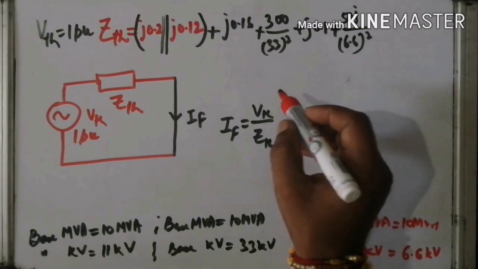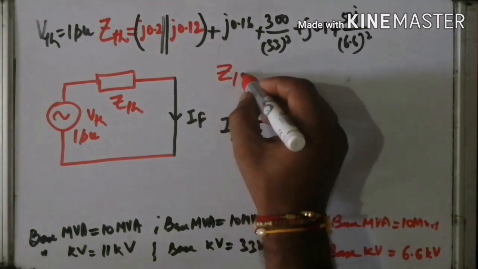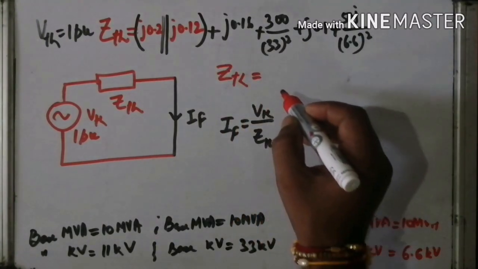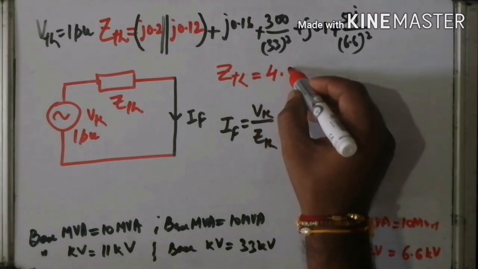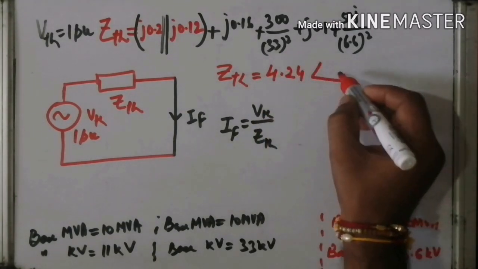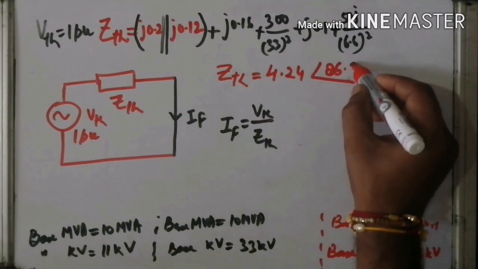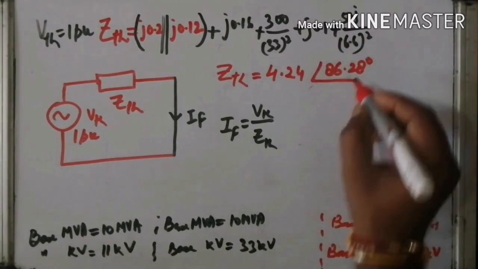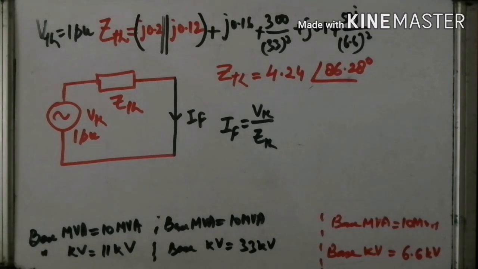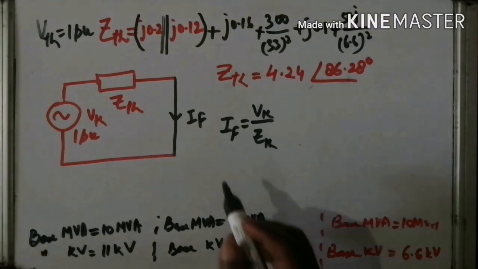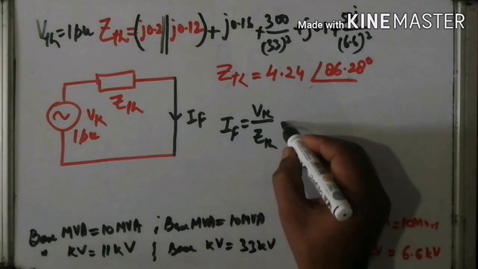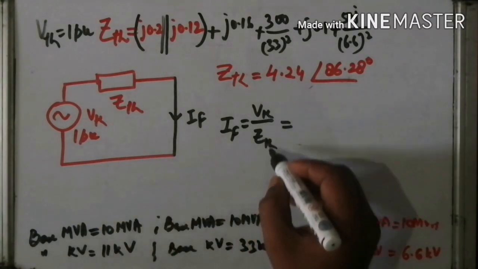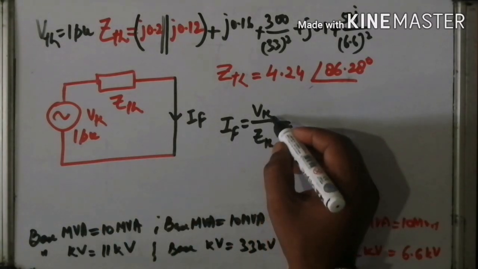After the calculation, the value of ZTH is 4.24 angle 86.28 degree. After the calculation, this one is the value of Z. Okay, that's why the fault current is given by the formula VTH divided by ZTH. What is the value of VTH?